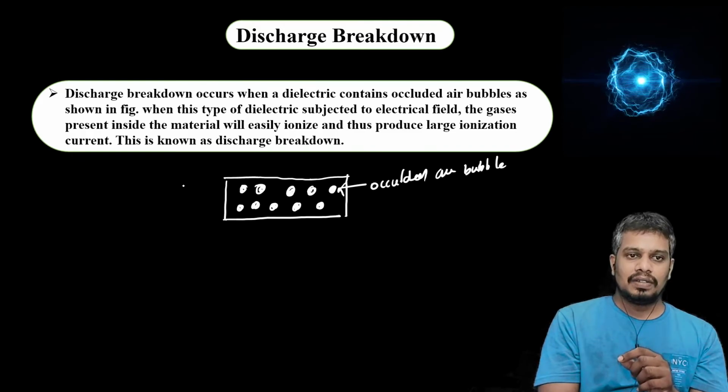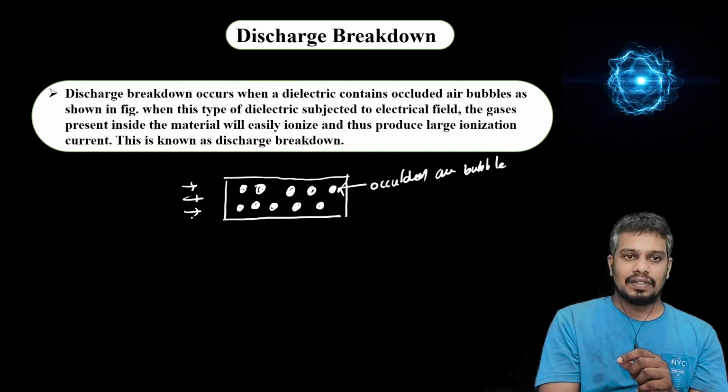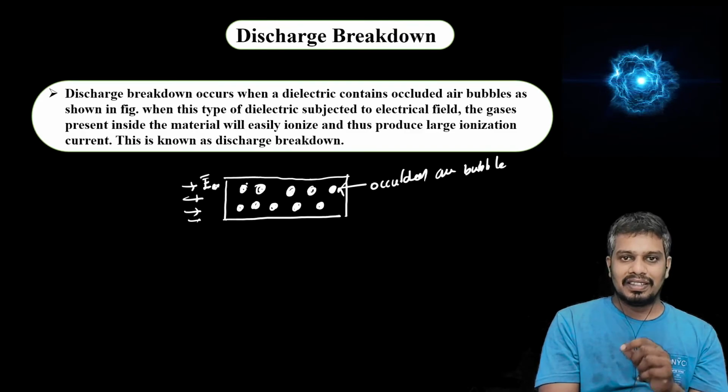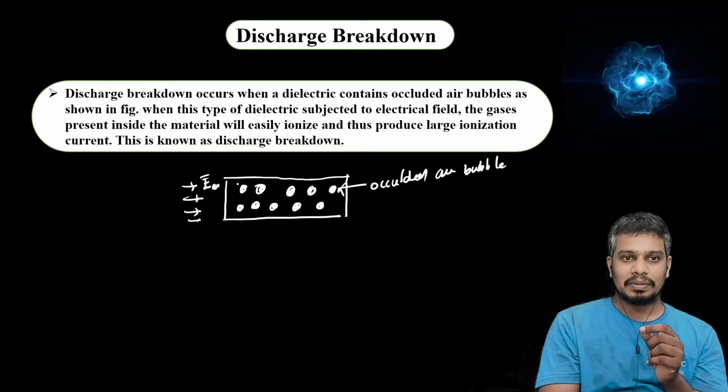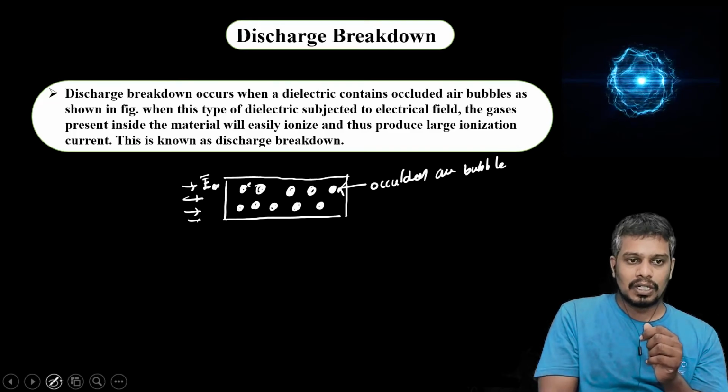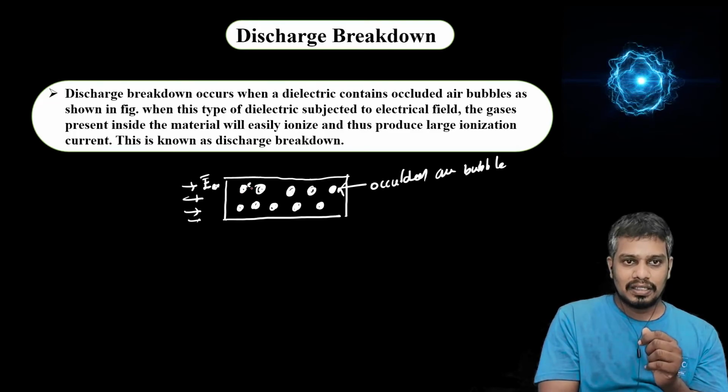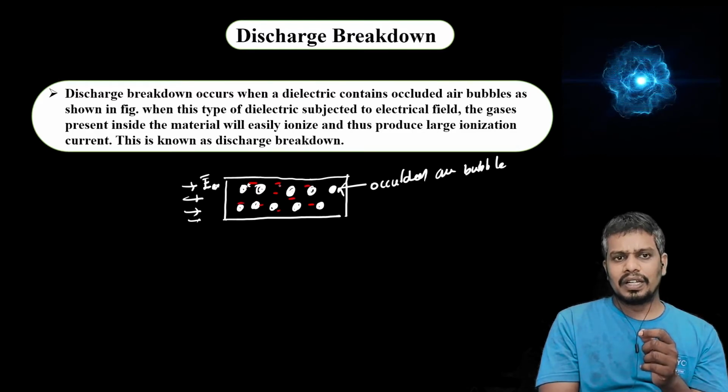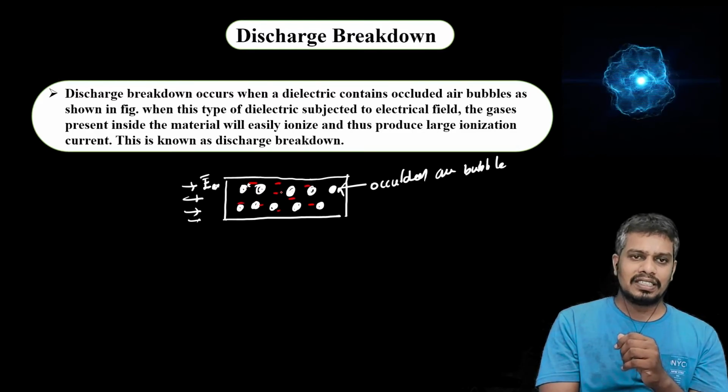What will it do when we are giving the external electric field, E external? The gas inside the dielectric will get ionized. The electron from the gas will become free, so more and more electrons will be generated. Then these electrons will gain kinetic energy, and hit another air bubble or nearby valence electrons.